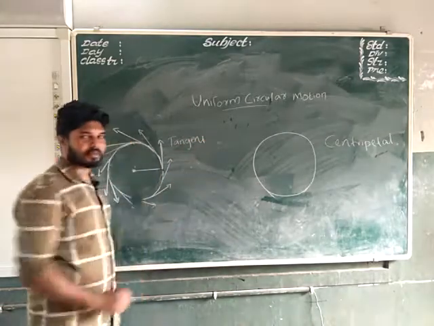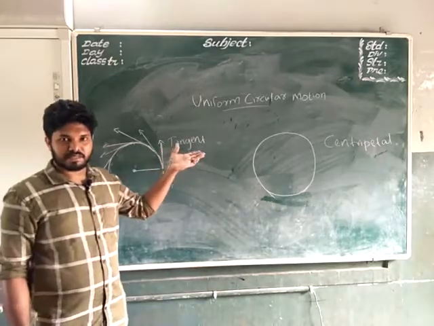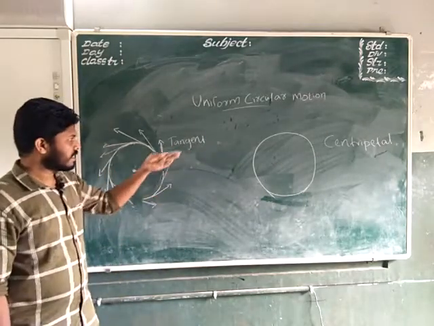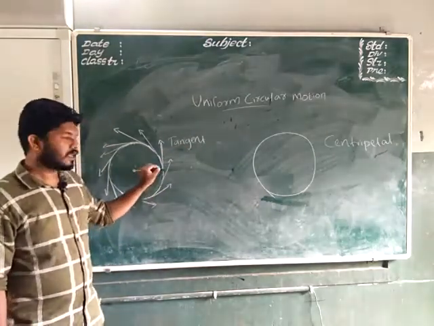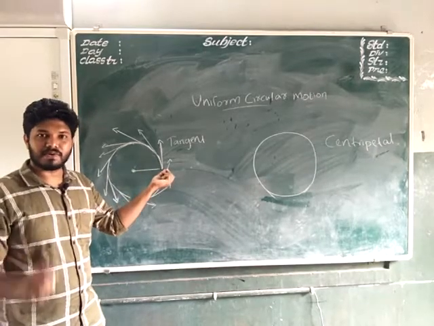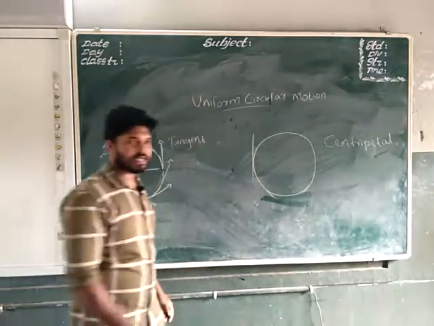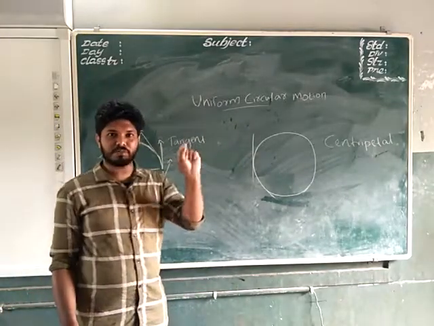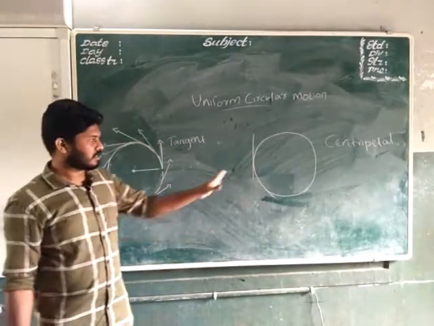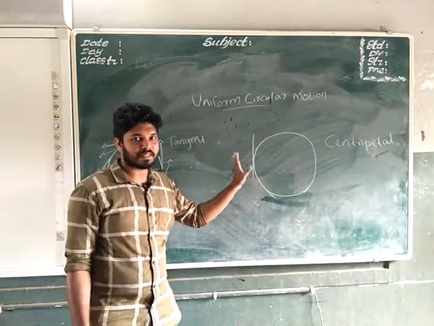You will study this in your maths, maybe in 10th standard or sometimes in 9th standard itself. Tangents are lines drawn to a circle touching only one point of the circle. If you draw a line and it touches only a single point in the circle, it is said to be the tangent to the circle at that point.